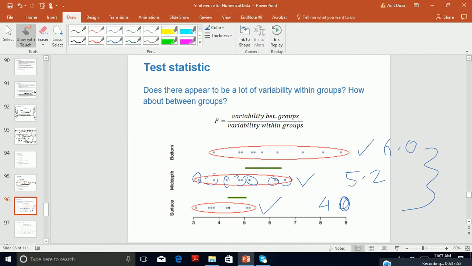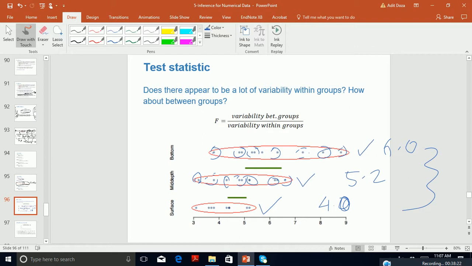Are you all the same? Do you all have the same GPA in this class or maybe in other classes? No, because there will be differences, right? So there is variability not only between groups but also within groups. Even within groups, these dots and these dots are not the same, they are different, right?